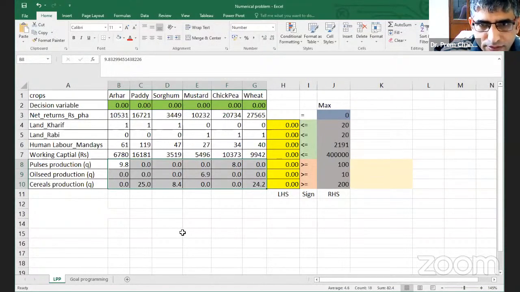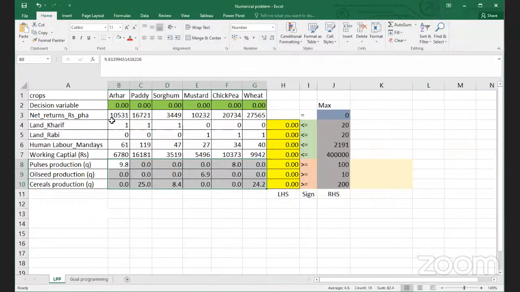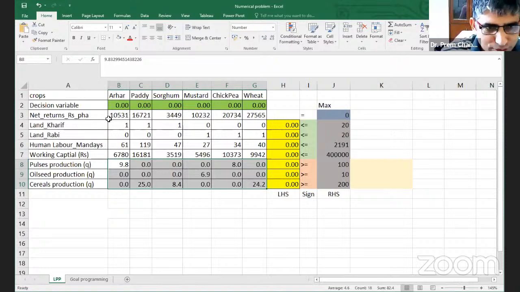You can put them in your Excel sheets simultaneously. Are you doing it? Yes, sir. You do it. If you require, I can share it, but I don't have the option to share it. You can enter it, it is not a big table.